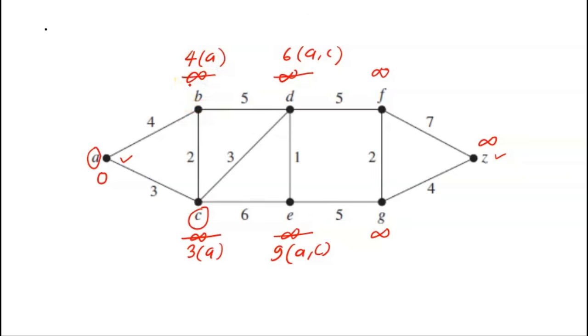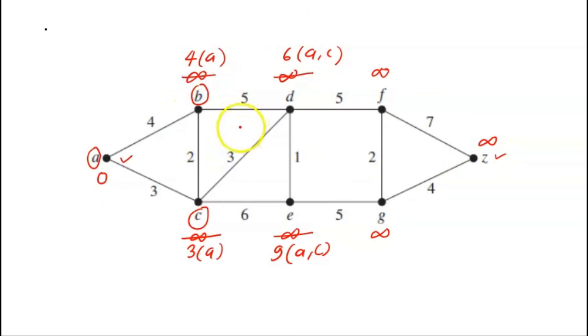I repeat, whenever in the process of relabeling you get a bigger label, you do not relabel the vertex. Now the labels assigned to different vertices are 4, 6, 9, infinity, infinity and infinity. Clearly 4 is the smallest label, so I am going to block the vertex B now.